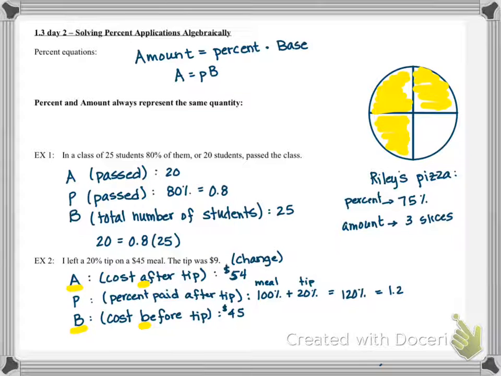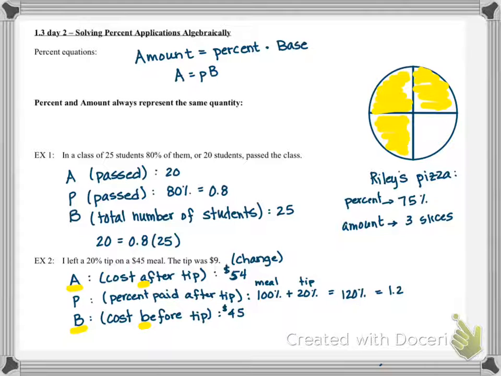So I always include in my percent that 100% that I started with and then go up or down from there. So let's do a few problems now where we'll solve for some unknowns.